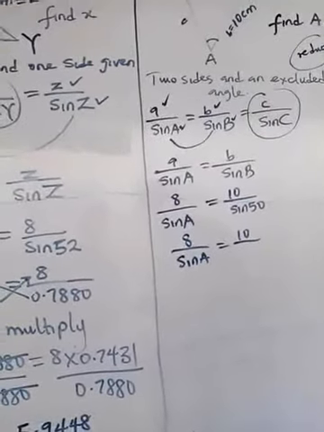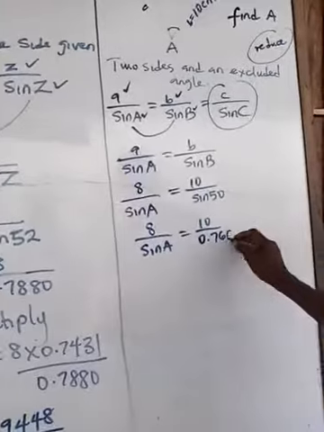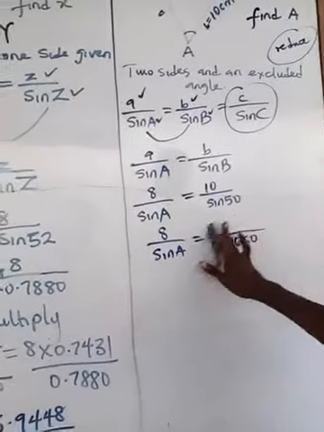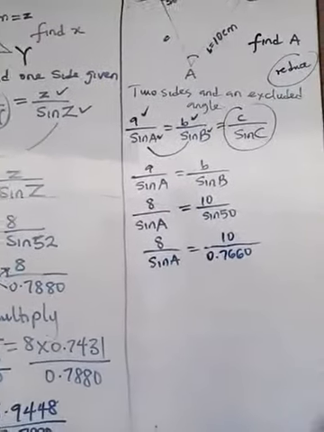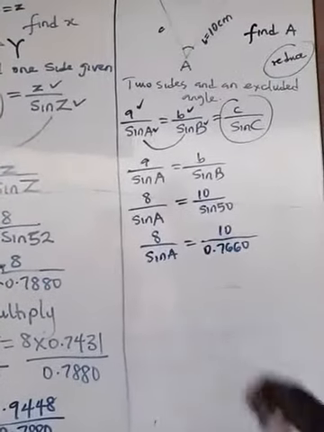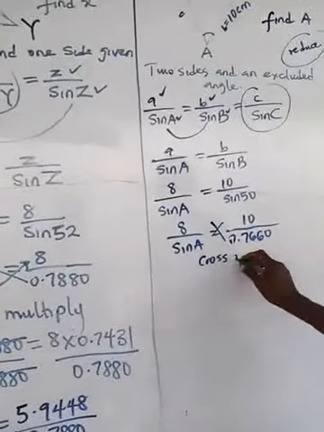So sine 50 is 0.7660. I told you whenever I press sine or cosine, it is good to leave it to 4 decimal places. The precision is okay. So from here we cross multiply.